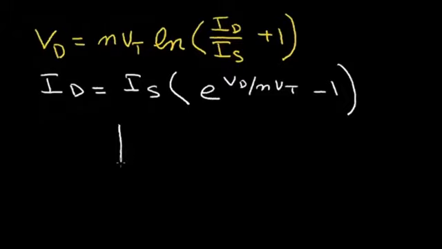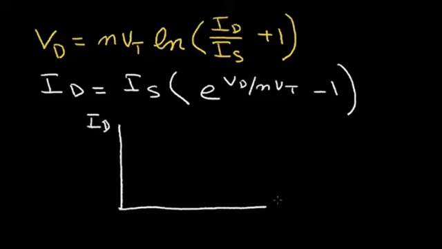So let's plot current in the diode, I sub D, versus the voltage in the diode, V sub D. And for negative voltage, we'll extend our axis this way.